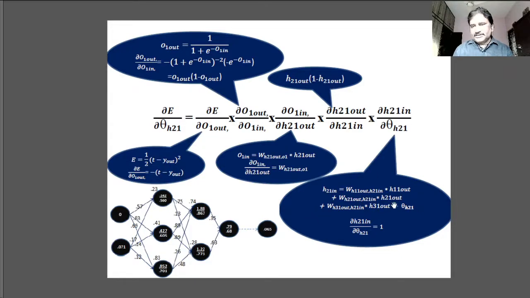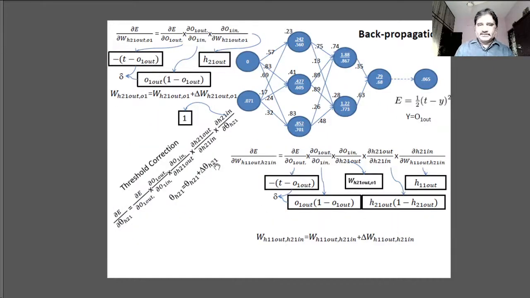Others will differentiate to 0, because for that partial differentiation all these terms are constant. So these terms will differentiate to 0 and this will differentiate to 1. So finally, what we get as the theta correction here will be the same as this one, only the last term will be 1. This is how the theta will be corrected.